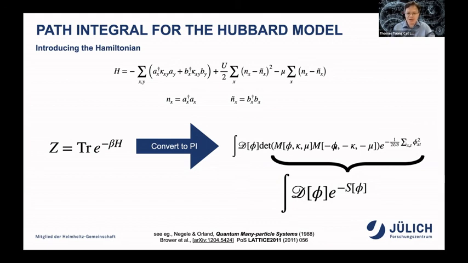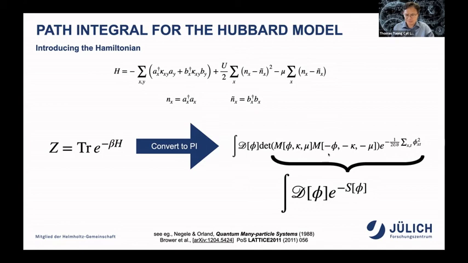Now, a couple of things I want to say about the form that I've written here. If you notice, the integration we do over the auxiliary field, the fields are all real. And that means then that the gauge part, if you will, the Gaussian part, is positive definite, always. So if a sign problem is going to show up, it's going to be because of the determinant of the fermion matrices here.